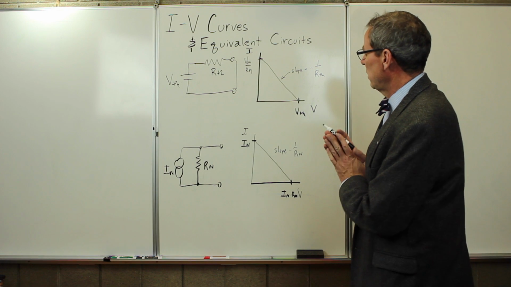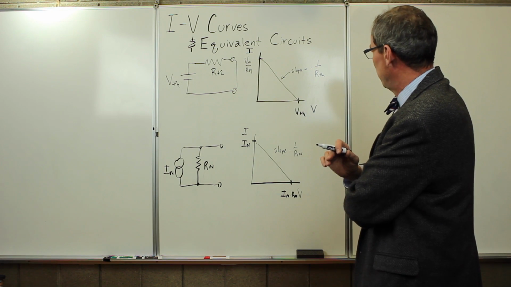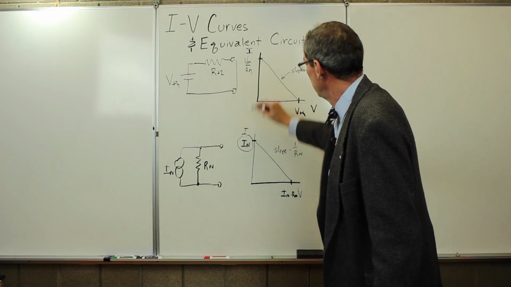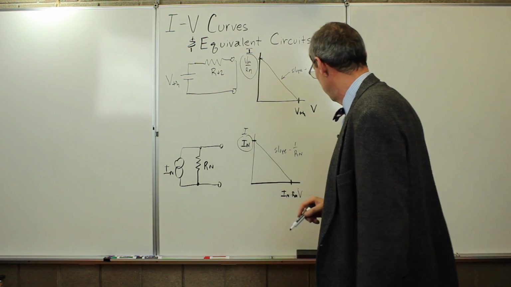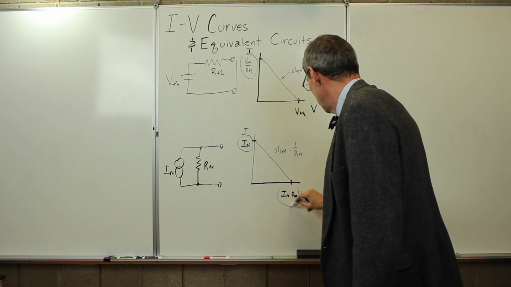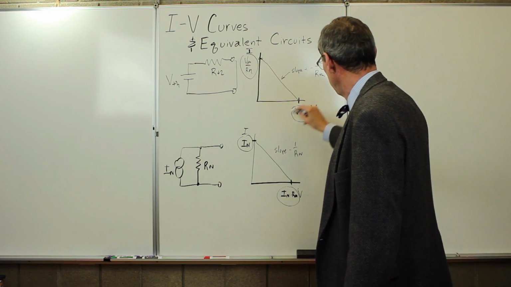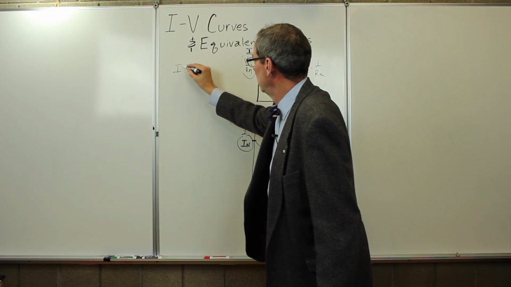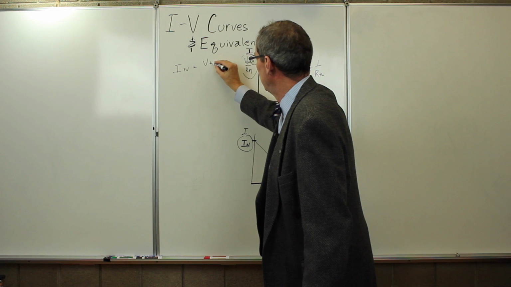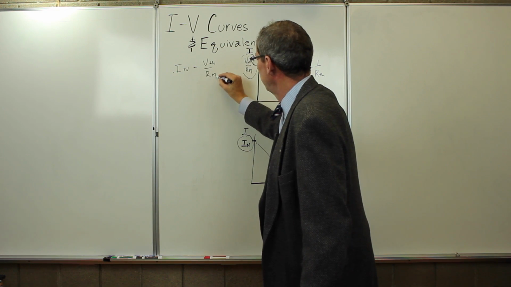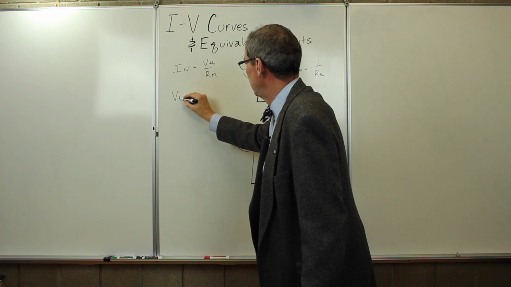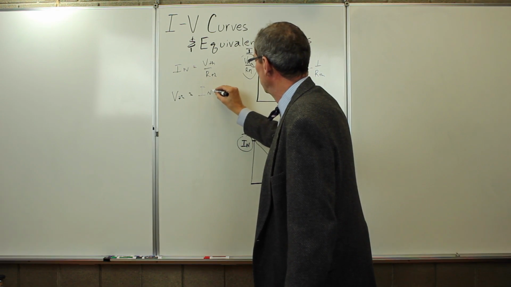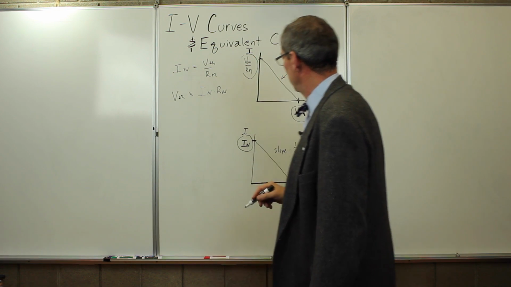Those two circuits would be exactly equivalent to each other if we did one thing. If we set I Norton equal to V Thevenin over R Thevenin, and I Norton times R Norton equal to V Thevenin. Let's do that here. Let's set I Norton equals V Thevenin over R Thevenin, and V Thevenin equals I Norton times R Norton.